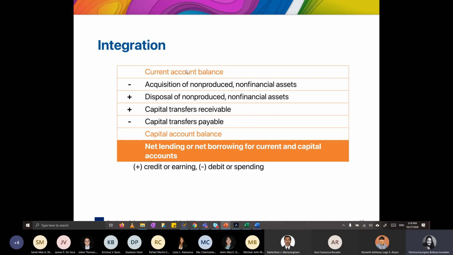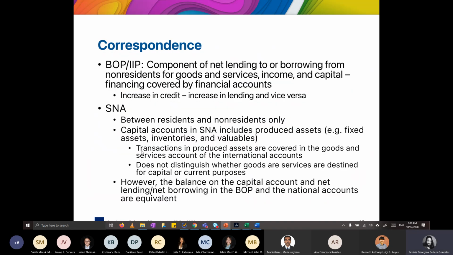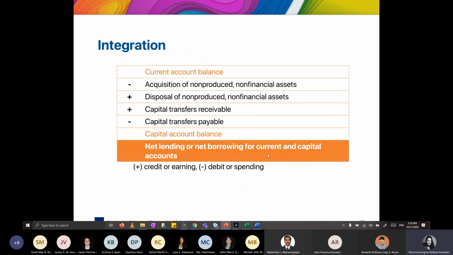And then summing the current account balance and the capital account balance equals net lending or net borrowing for the current and capital accounts. This is particularly important as we go along. As introduced earlier, it has a relationship with the financial account. It serves as the link between these two accounts and the financial account. And then the financial account is obviously linked to the IIP.